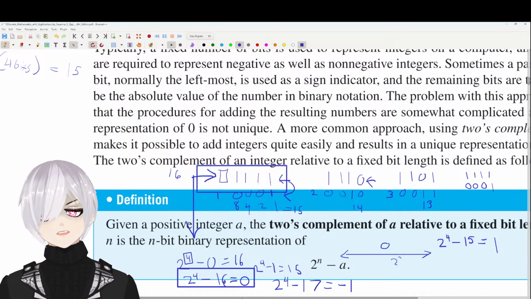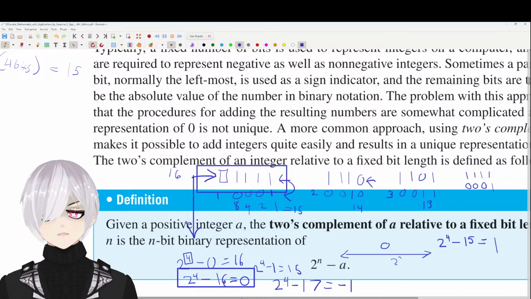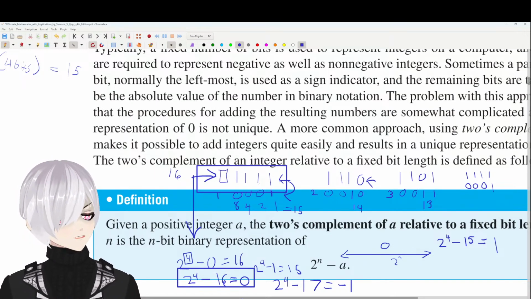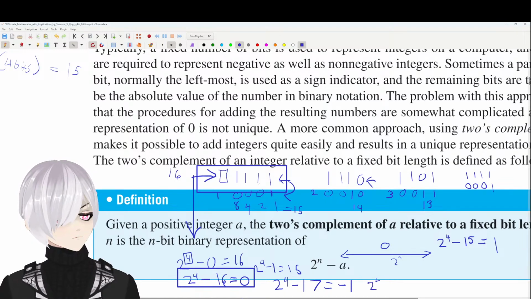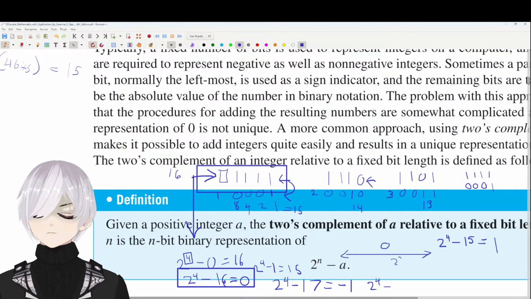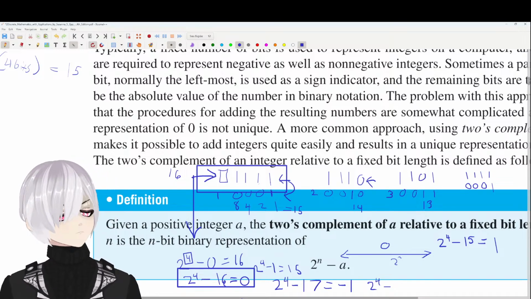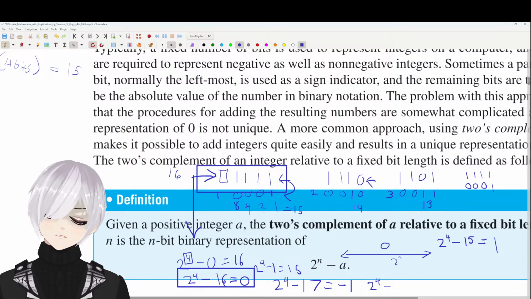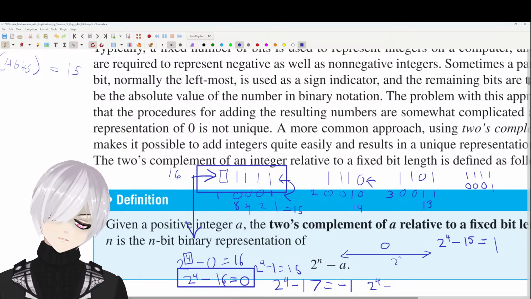If you plugged in 200 into the formula instead of 17 with 4 bits, then you couldn't do it. You wouldn't have enough bits. So the bit size that you choose depends on what numbers you want to represent.